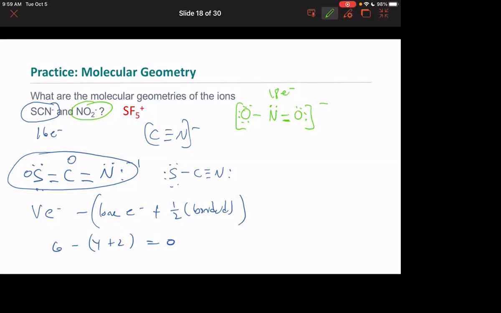Electron domain geometry. Trigonal planar, it's got 3 domains, right? 1, 2, 3 domains. Electron domain geometry includes all the domains. It doesn't matter if they're bonded or non-bonded.